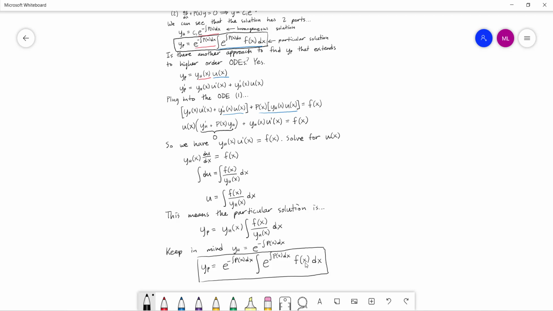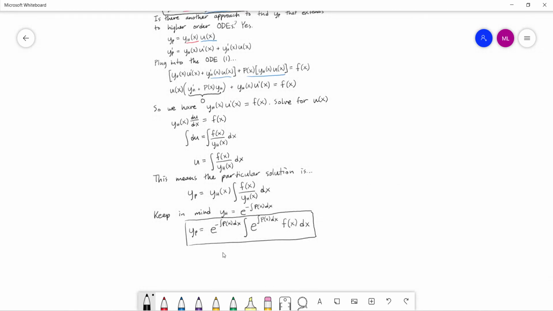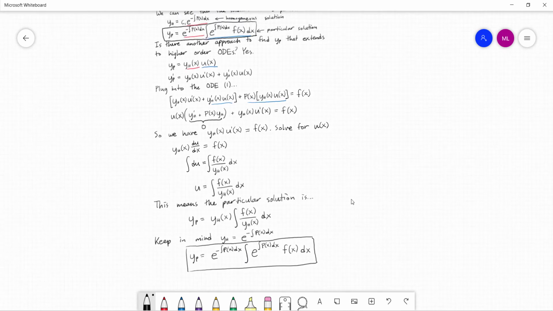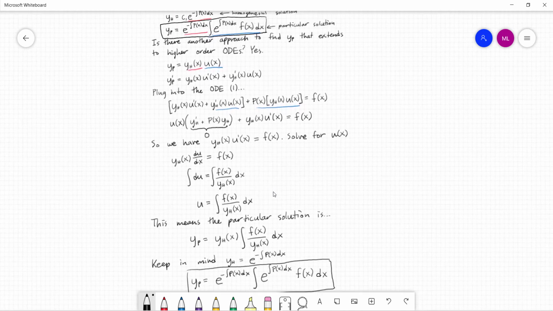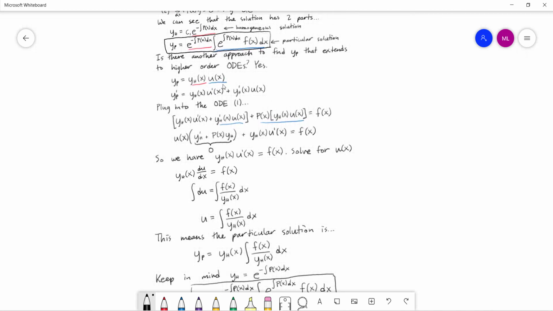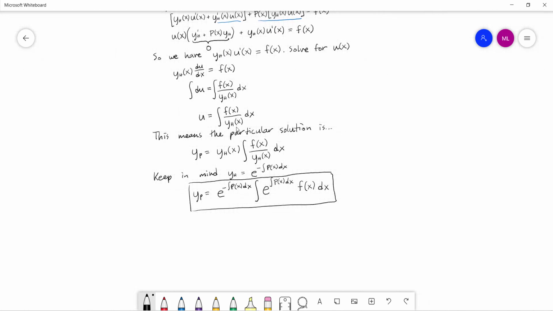So they match, and we found a second way to get to the same particular solution, but this one doesn't require us using an integrating factor. So this was just saying, hey, let's make an assumption about the form that y particular takes, that it takes the form of the homogeneous solution times some other function. And that was enough to go through and actually find out what form that other function must take.